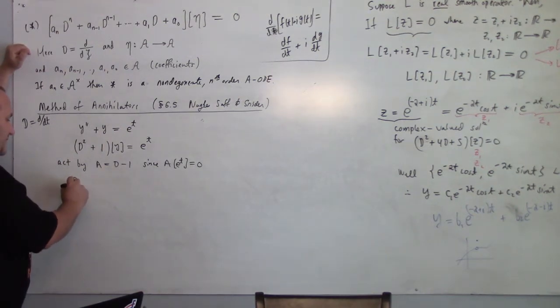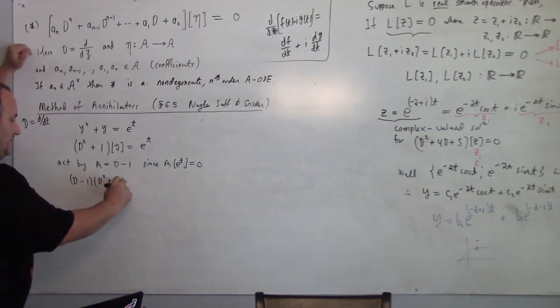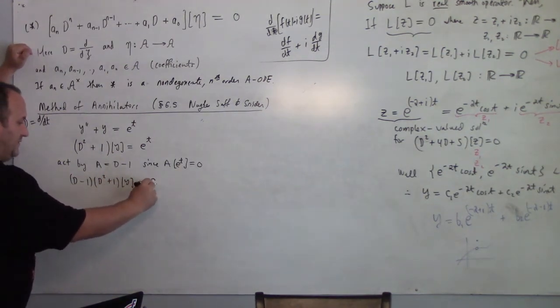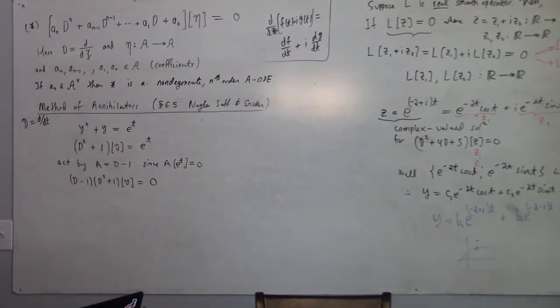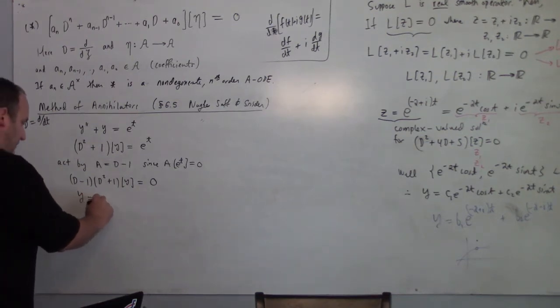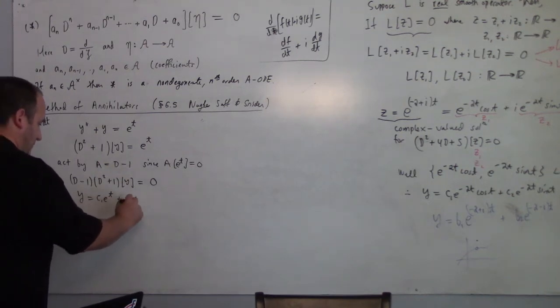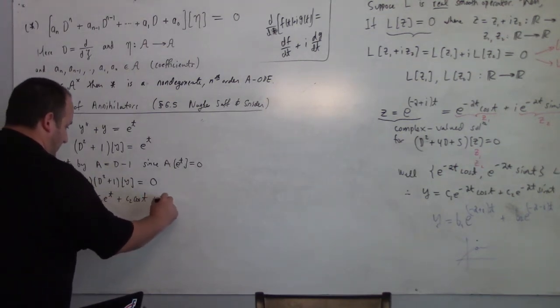So we have (D - 1)(D^2 + 1)y = 0, because when I apply D - 1 to e^t, I get 0. But now I have a third order homogeneous equation, and I can write down the solution from the general technique we talked about before. So I get y = c1 e^t + c2 cos t + c3 sin t.